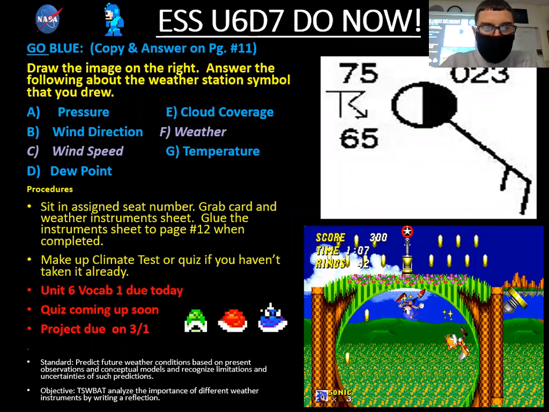I'm not going to say names out loud today. Just looking at my list here. Let me fill in the other bubbles, though. And we should be writing down the symbol on the right and the categories on the left for today's Go Blue. Page 11. You're going to skip page 10.